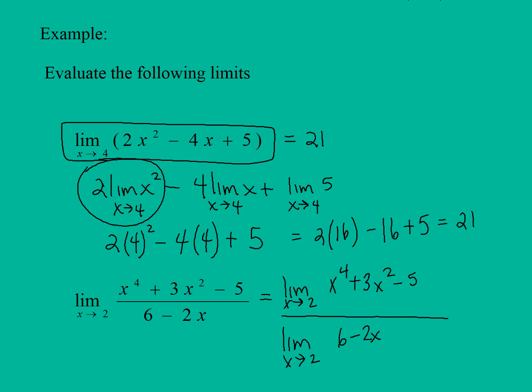And again, this is using the limit laws we saw on the prior slide. But now we could just use direct substitution. And when we substituted 2 in for our x's, we would get 2 to the 4th plus 3 times 2 squared minus 5 divided by 6 minus 2 times 2.